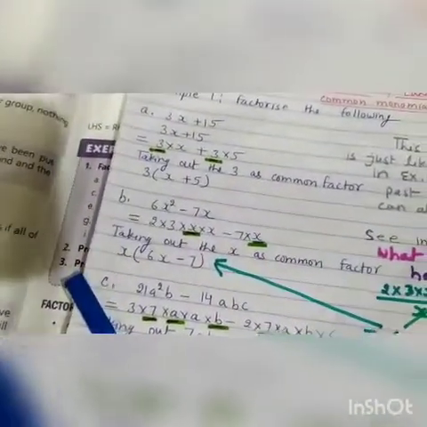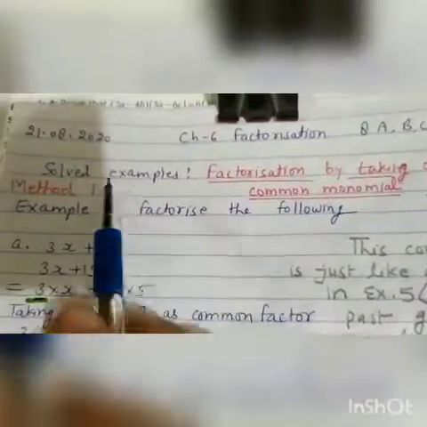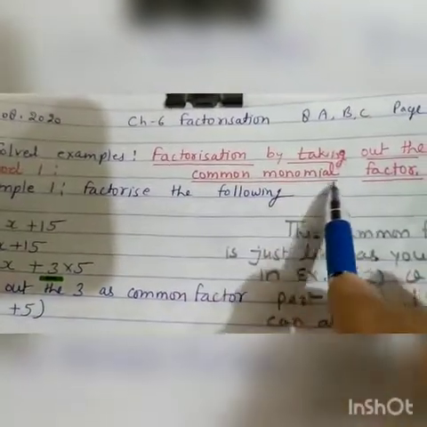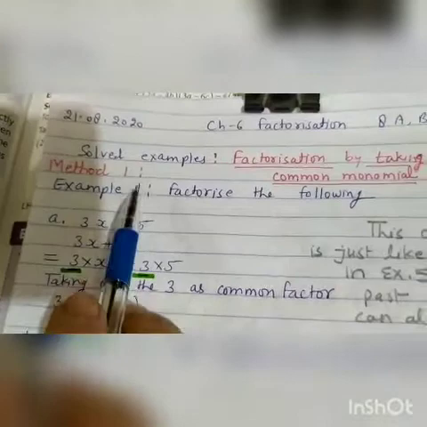First I am explaining examples. Example 1, solved examples of factorization by taking out the common monomial factor, that is method number 1.